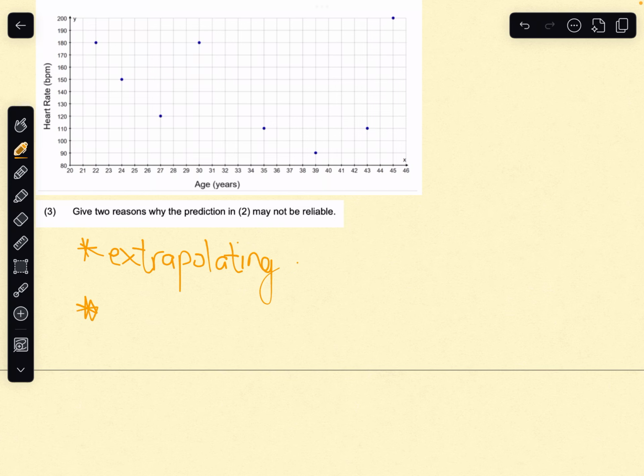And then the other point to talk about would be the size of the data set. It's just way too tiny. And on top of that, it doesn't help that the correlation is so weak between the two variables. So even this equation that we found that attempts to describe a relationship between the two variables, there isn't really a cause and effect relationship between them. That would be the other point.